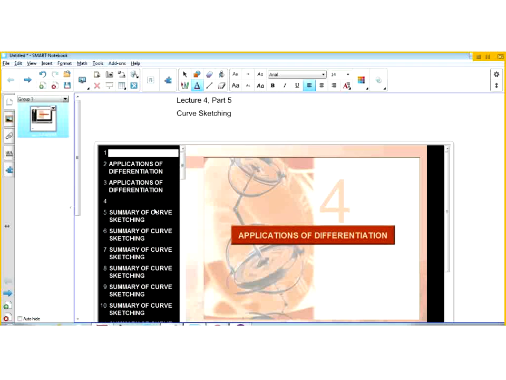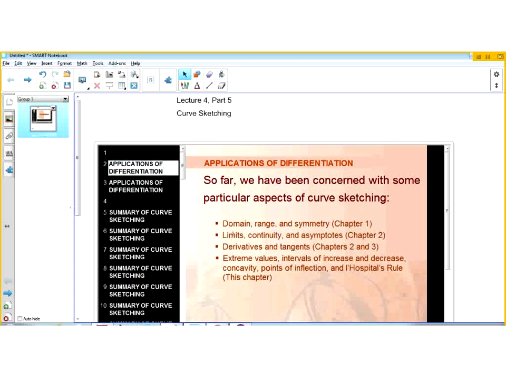Okay, and so at this level, you'll need to recall all of the procedures from Chapters 1, 2, and 3 we developed with respect to graphing functions. Okay, so now, applications of differentiation. So, of course, we've been concerned with domain, range, and symmetry. We've talked extensively about that in Chapter 1. Limits, continuity, and asymptotes. We talked about that in Chapter 2.